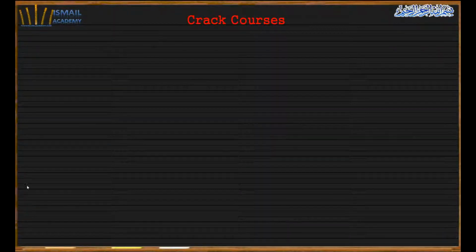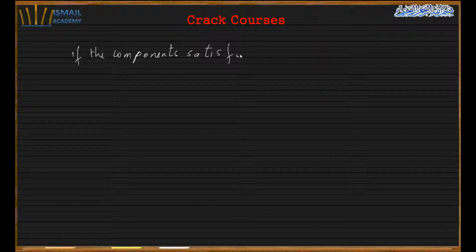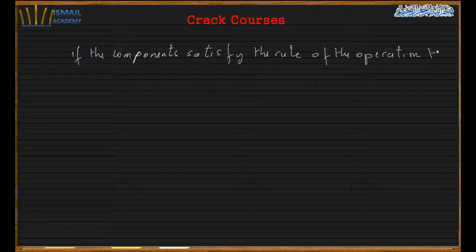Can you believe it? Most of the students answer positively for the second question. And this is true: if the components satisfy the rule of the operation, then we can operate.